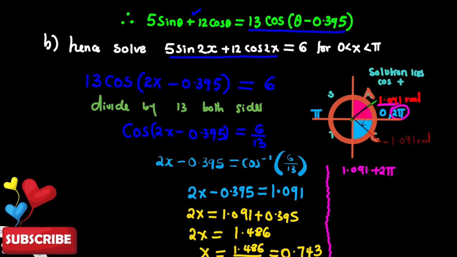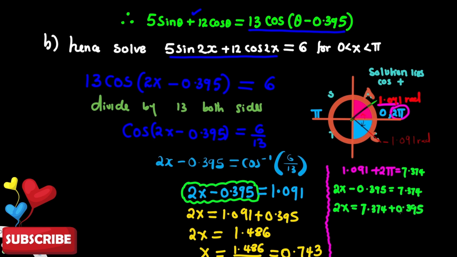If you add 2 pi, that also will be a solution, and I'm just showing you that because you may be finding angles after moving a complete revolution and starting another one. Now this is the second one, but if you try to find the value of x using this particular part, you see we're going to divide by 2 here, and the answer is going to be 3.8845 radians, which means that this is out of the range that we were given, so we are not going to take that.